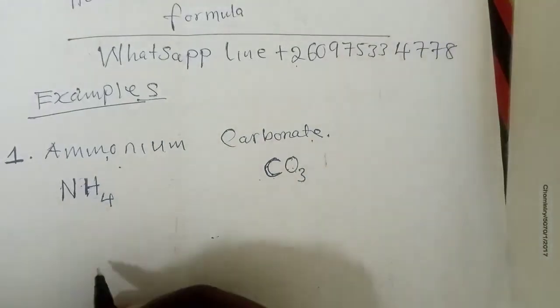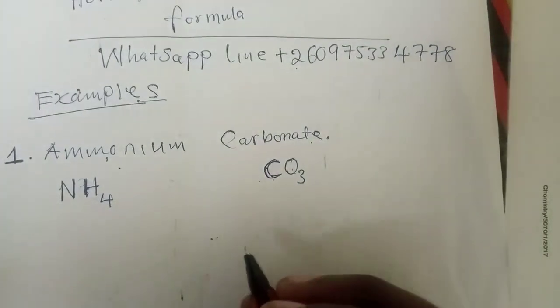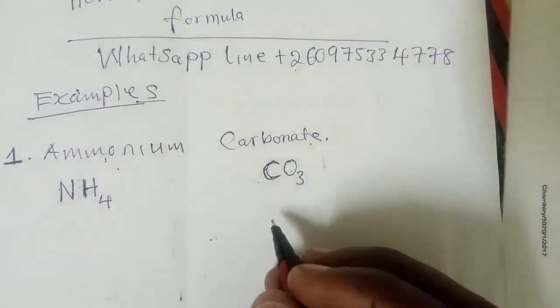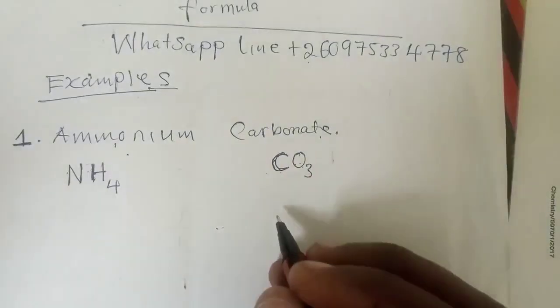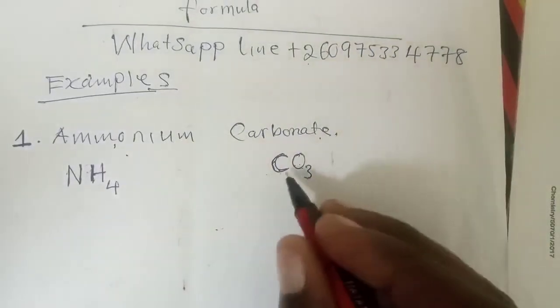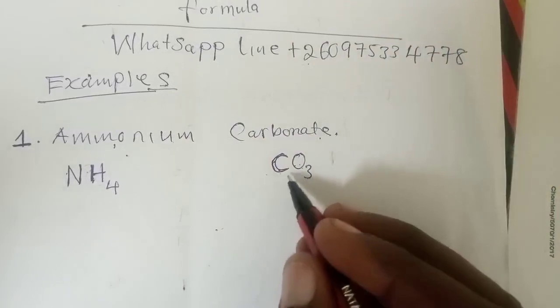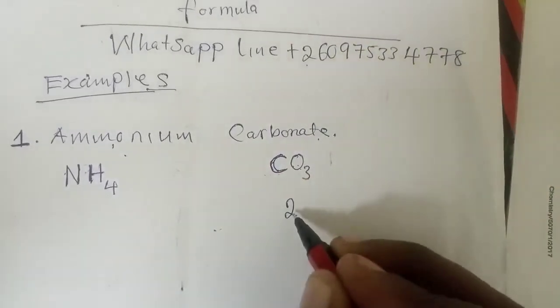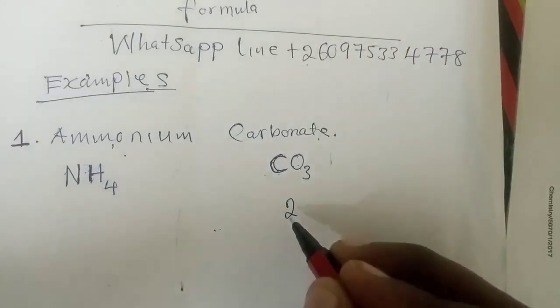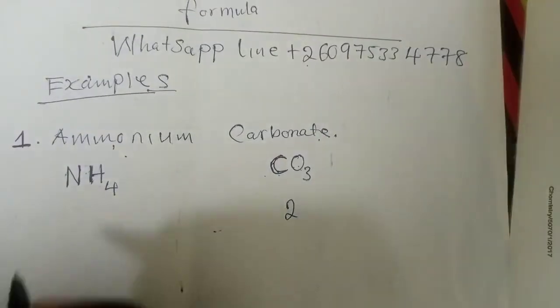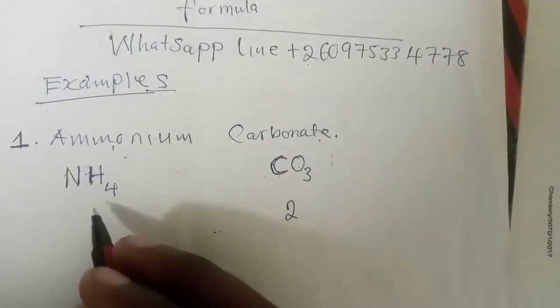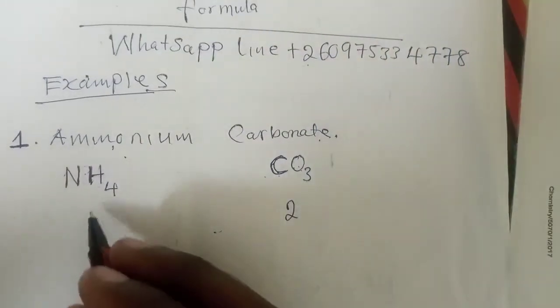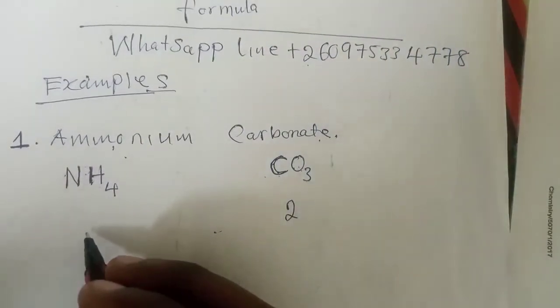If you remember very well what we did in the previous video, we said that the valence number for carbonate is 2. Now how about the valence number of ammonium? You should know it.